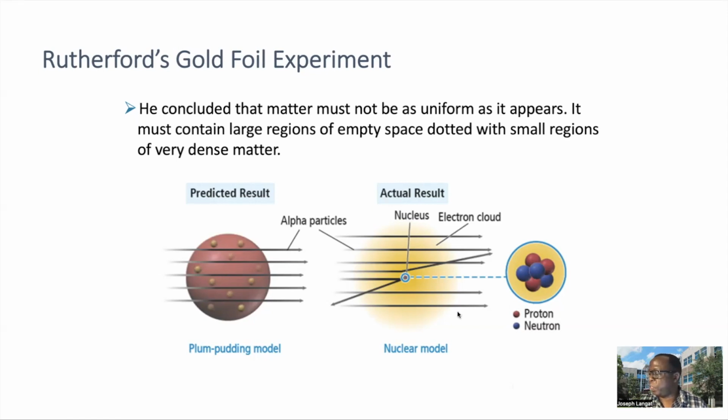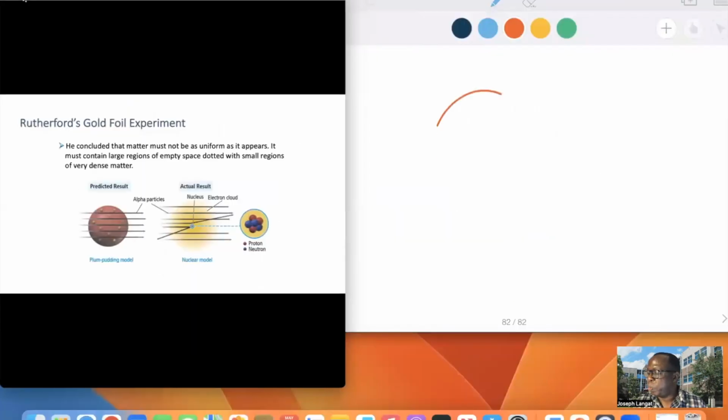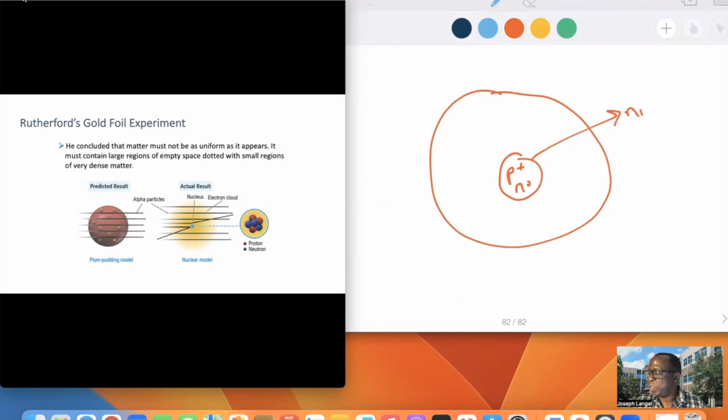So we have revolutionized the model of an atom to be a sphere with protons and neutrons in the nucleus. It's a dense region within an atom, and outside we get just electrons.